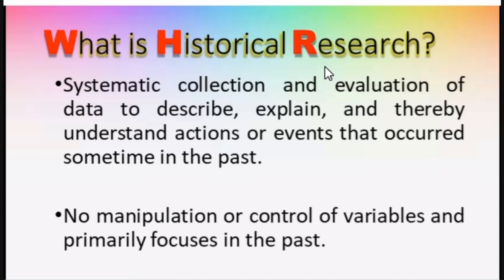It is systematic in the sense it should be step by step. There are certain rules. Systematic collection and evaluation of data to describe, explain, and thereby understand actions or events that occurred sometime in the past. So you are collecting data in a systematic way, and you are also evaluating the data to describe what are the events and what are the actions that have happened in the past.